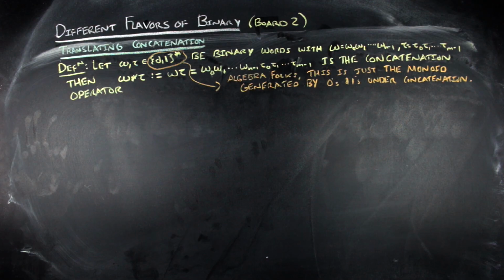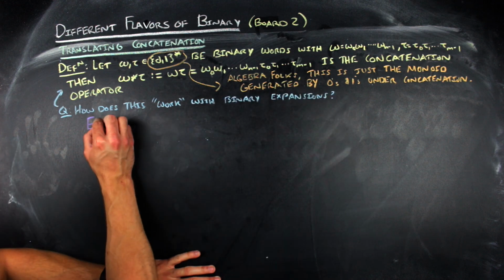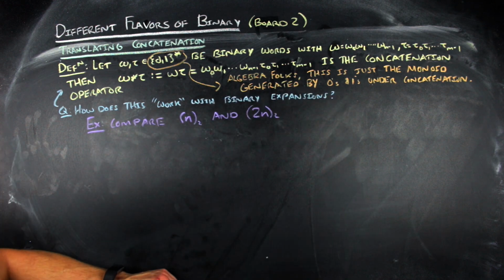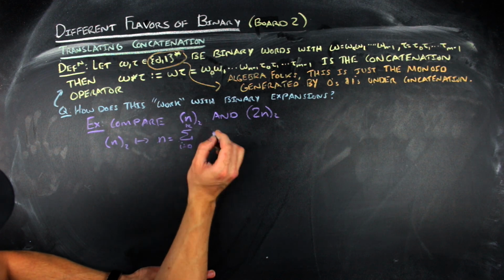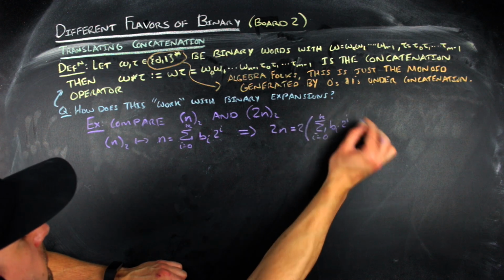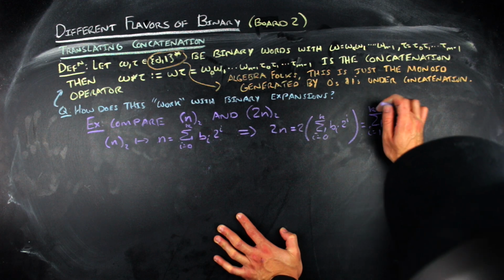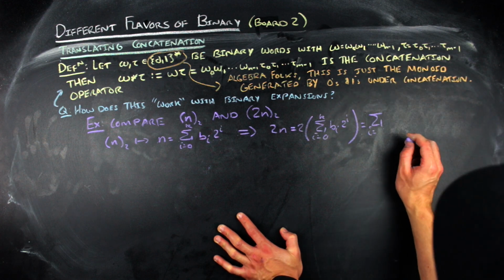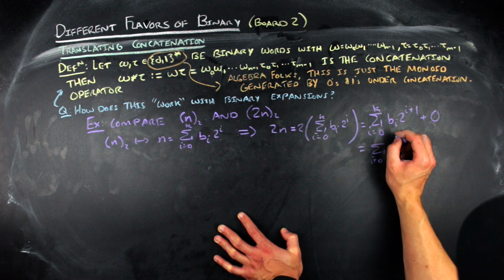But it's sort of a minor point, and you can get through most of the video without really thinking about that too much. And so we want to compare the binary expansion of n and the binary expansion of 2n first. Well, the binary expansion of n is just the sum from i equals 0 to k of b_i times 2 to the i-th power. And that means the binary expansion of 2n is just twice this sum. But that would be the same thing as the sum starting at 1, and us adding a 0 to the end of that.